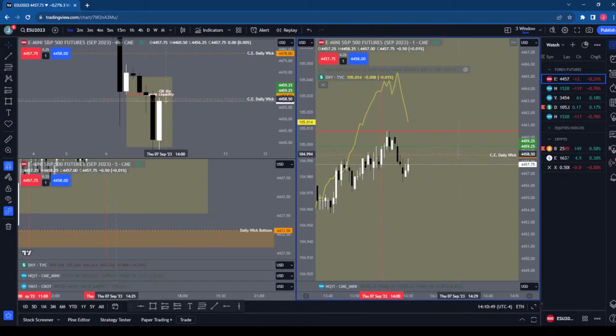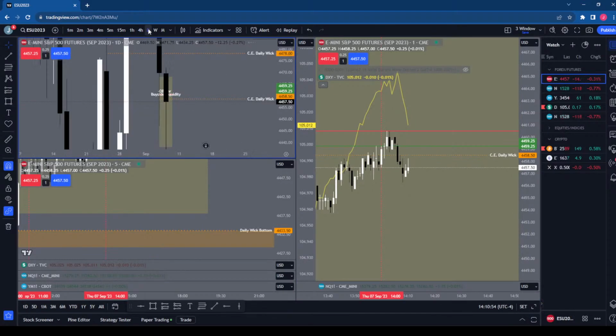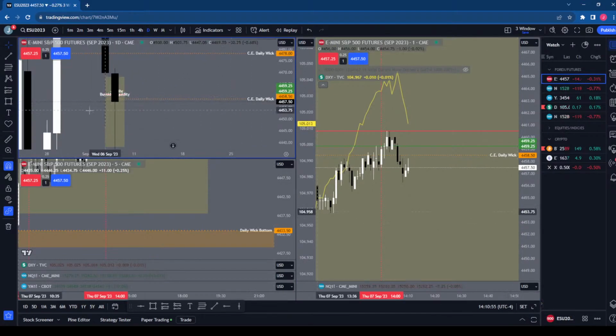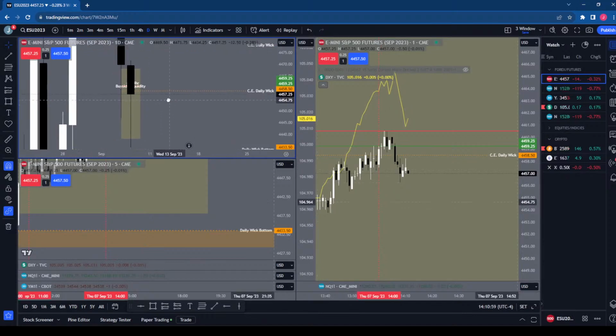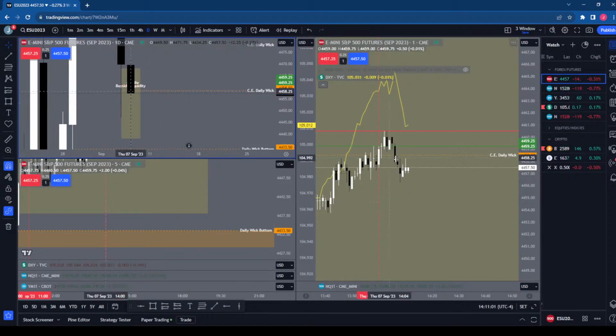We also have the consequent encroachment on the daily wick. On the top left, I'll go up to the daily chart and show you. So we have the consequent encroachment of this wick. Now, that could be a bullish sign for higher prices. A lot of times we'd see a candle body close above that consequent encroachment.